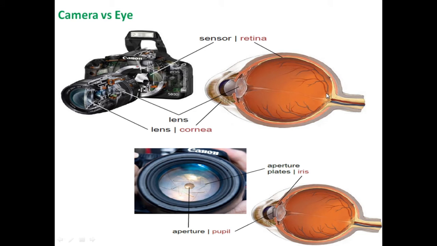So for all this sensing, in a camera the sensor is important, and in our eye the retina is the important one. Now what is this retina?